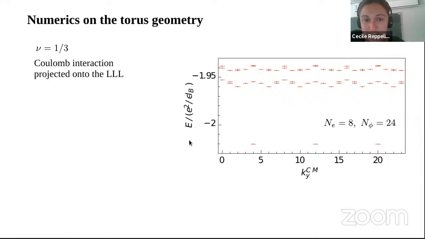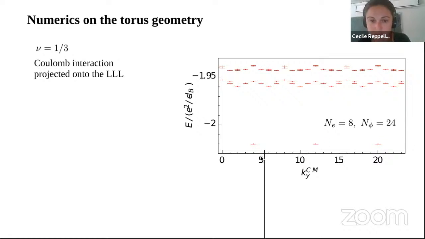So this is the energy, the first few eigenvalues, and the x-axis corresponds to the center of mass momentum. It's a quantum number that is very convenient to label your many-body eigenstates of the Hamiltonian. And what you see here, the main features that I want to focus on in these plots are those three.